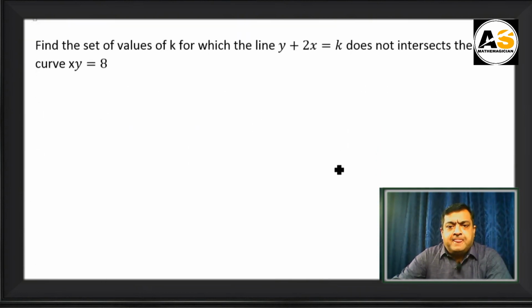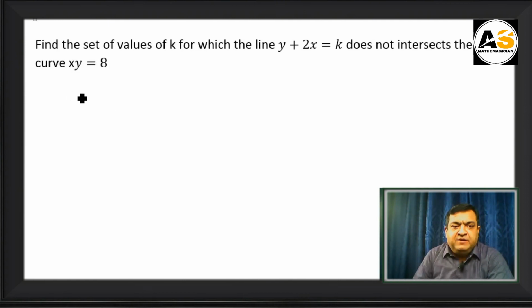Next question, we have to find the value of k for which this line does not even touch this. Similarly, we will solve this linear equation. Y plus 2x is equal to k is the linear equation. Xy is equal to 8 is quadratic.